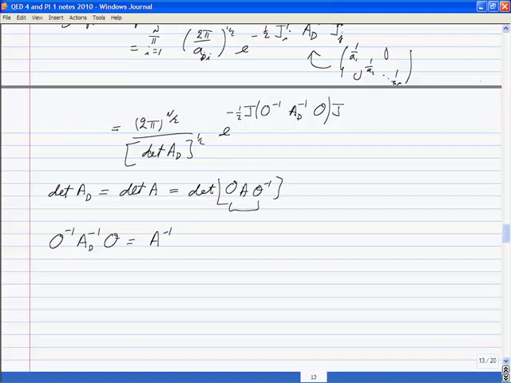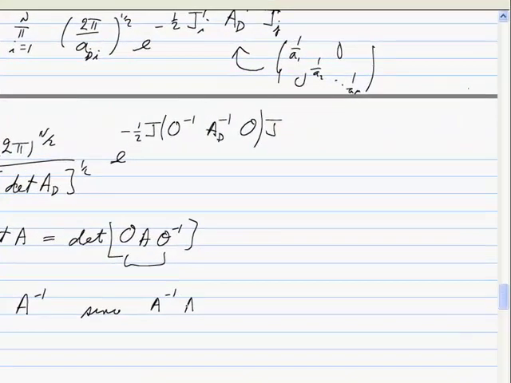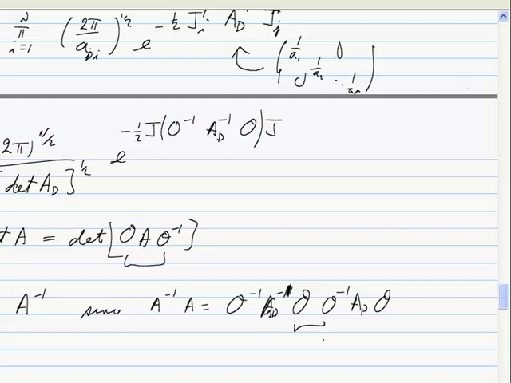And the other thing I need is that O^{-1} A diagonal^{-1} O is the original matrix inverse. Okay, that's a little less obvious, but let's just check it. If I take A^{-1} and multiply it by A, I'm claiming A^{-1} is O^{-1} A diagonal^{-1} O. And A written in terms of A diagonal is O^{-1} A diagonal O. So these guys cancel each other, the A diagonal times A diagonal^{-1} is 1, and then the final O's cancel.